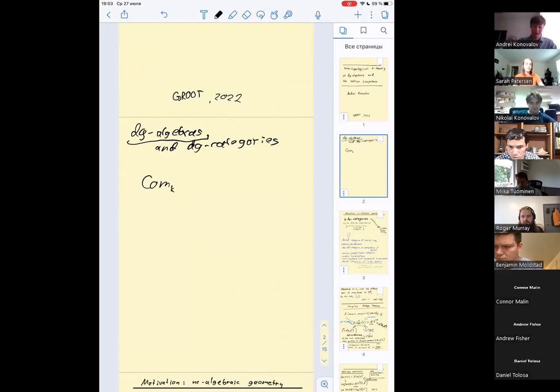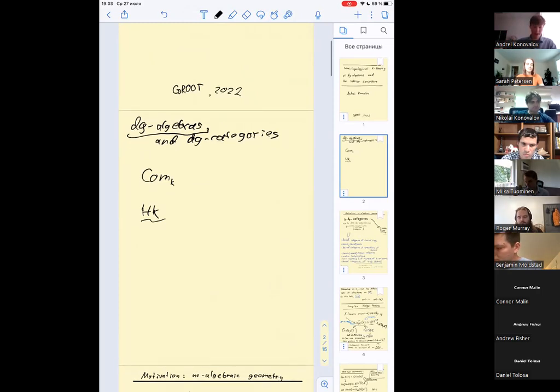It means that a dg-algebra is a complex such that you have a nice multiplication, which is associative, has a unit, all these things. Or if you really hate complexes and prefer spectra, you can think of dg-algebras simply as E1 algebras which are HK-linear for the Eilenberg-MacLane spectrum HK.